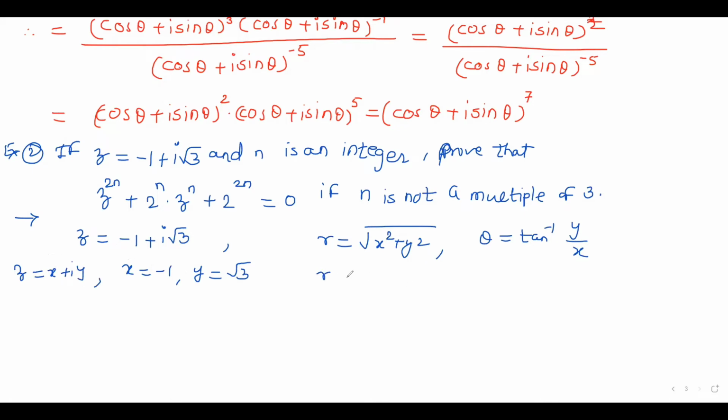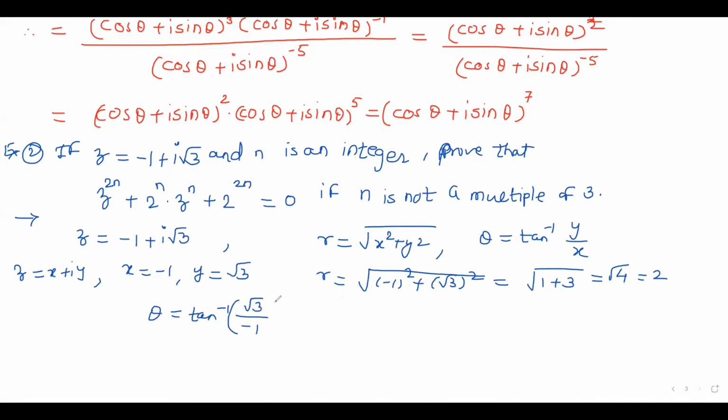And therefore the value of r will be under root of minus 1 square plus root 3 square. That will be nothing but 1 plus 3, that is root 4, that is nothing but 2. So r is 2. And for theta, tan inverse of y, which is root 3, upon minus 1, right? But that is nothing but 2 pi by 3. Is it right? Tan inverse of minus root 3 is 2 pi by 3.